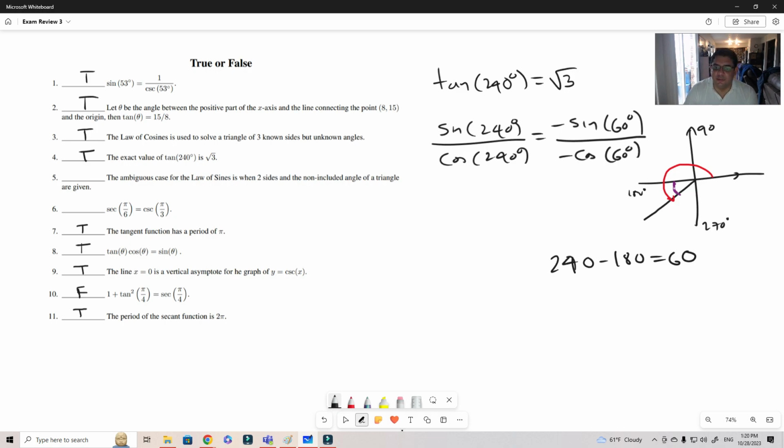The minus and minus is going to go away, and I'm only going to care about the value of sine of 60. Now, if you remember your unit circle, sine of 60 is going to be square root of 3 over 2, and cosine of 60 is just going to be 1/2. So if you remember your special angles, then you're also done here. You can simplify, and you're going to find out that this is a square root of 3.